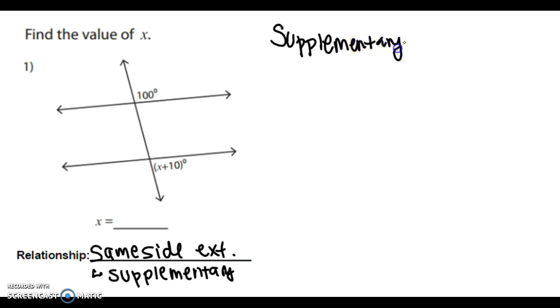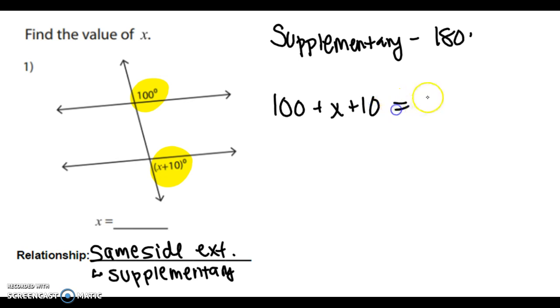So if the angle relationship is supplementary, you know that these two angles, when we add them together, need to equal 180 degrees. And so that's where we start, kind of like what we were doing with the triangles. I'm going to write 100, which is the measure of angle 1, plus x plus 10. All of that equals 180 because they have a supplementary relationship.